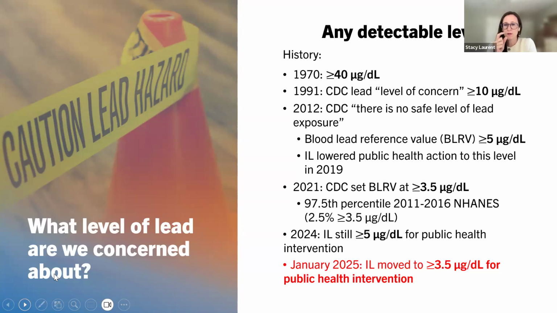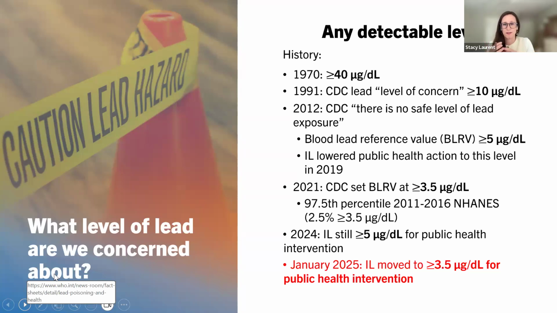These numbers are really based on NHANES data. Talking about this feels like a mouthful, but what we're trying to do is capture the children at the highest risk. We are making positive gains in lead, even though we're here to talk about the negative effects.